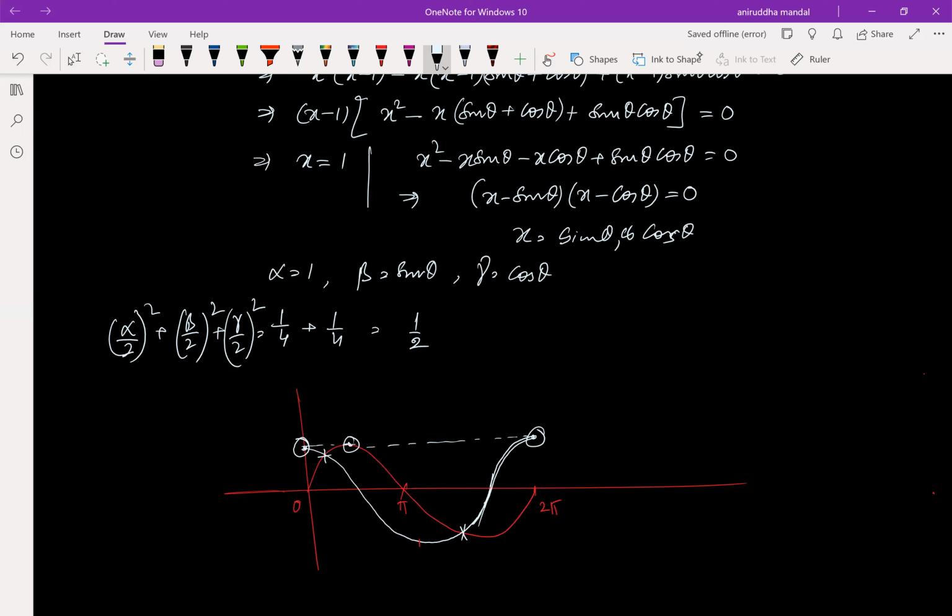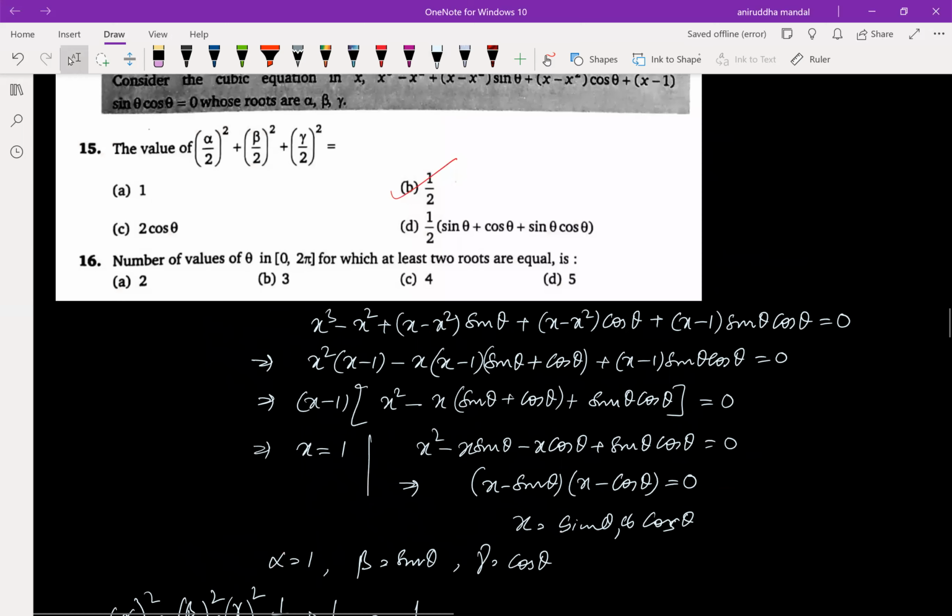So which means we have five values where two roots are equal. So the answer to this question is option D.